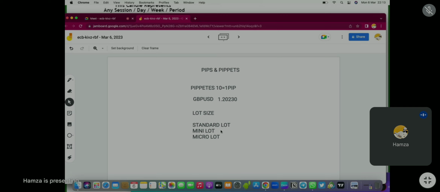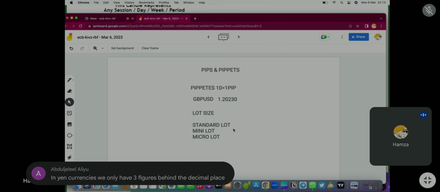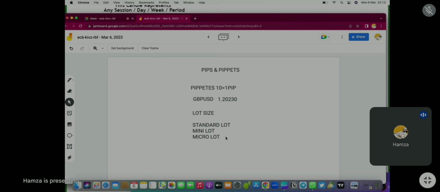Because you're using a mini lot, you'd only get $10. Worst of all, if you're using a micro lot, when someone is getting $10, you'd be getting $1. So when someone is getting $100, the person using a mini lot will be getting $10, and the person using one micro lot will be getting $1.